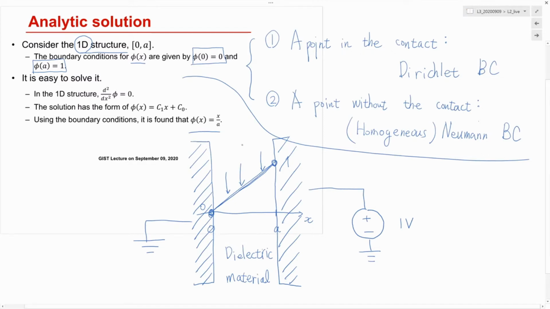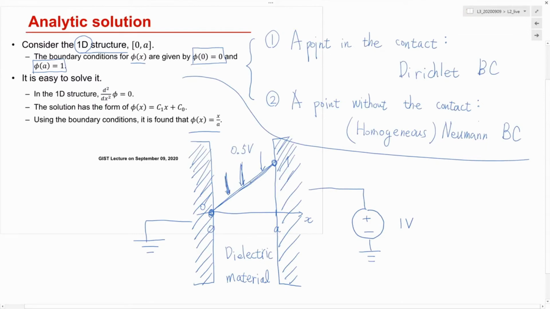If you are at the middle point between this grounded contact and the 1 volt biased contact, you will have just 0.5 volt. And if you are close to the ground contact, then your voltage will be reduced.